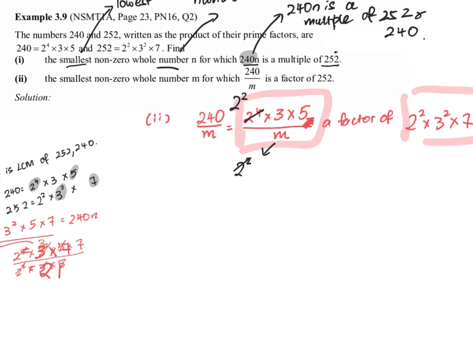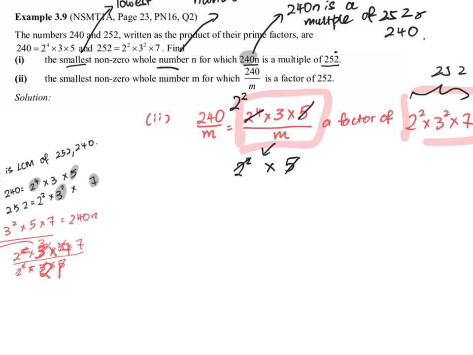Now you notice that 5 is present in 240 over m, but it's not present in 252. So what does this mean? It means that m also has to contain a 5 in order to get rid of the 5.